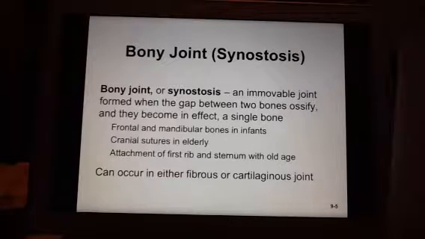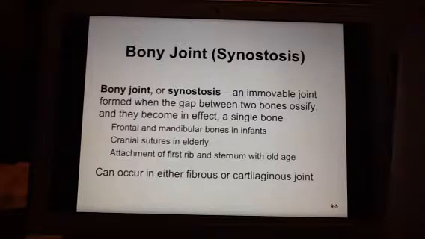synostosis, is an immovable joint, and that is not only an immovable joint, we'll see those later, but it's a joint where 2 bones, where they meet, ossify, which means to make a bone. So they eventually fuse together to make a single bone.